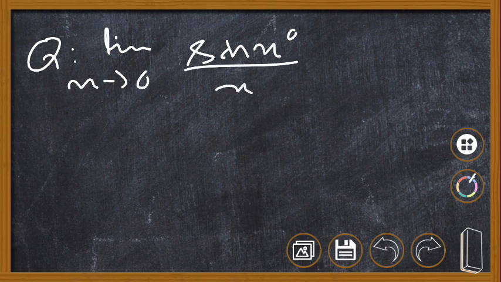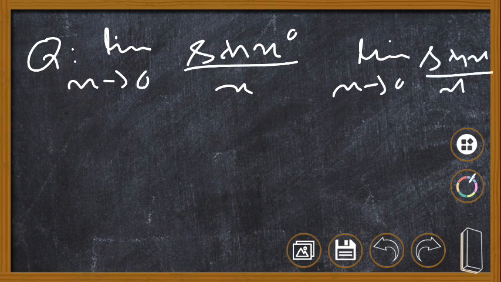Now, the question is limit x tends to 0 sin x degree divided by x. So I know a formula, limit x tends to 0, sin x divided by x, it is equal to 1.